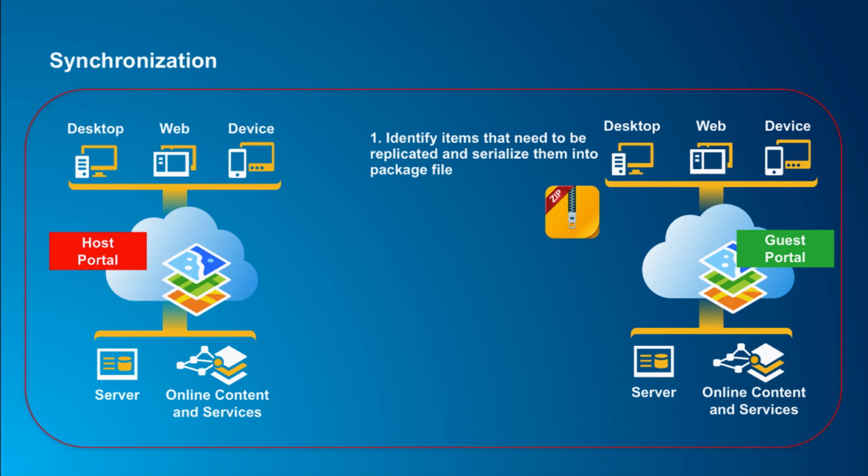It's an internal format that's used for transmission only. It's not available for you to download. That package is sent to the destination over the HTTP connection. On the destination side, the package is extracted and items are unpacked and imported back into the portal.